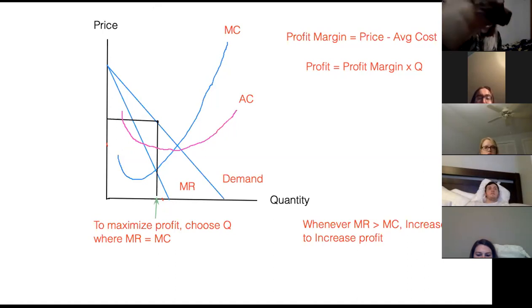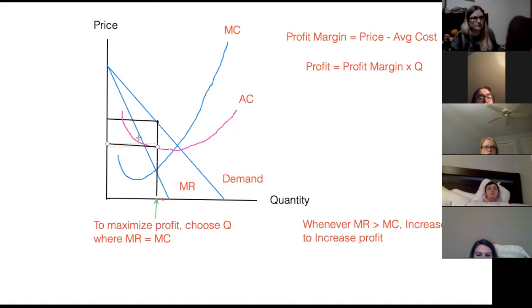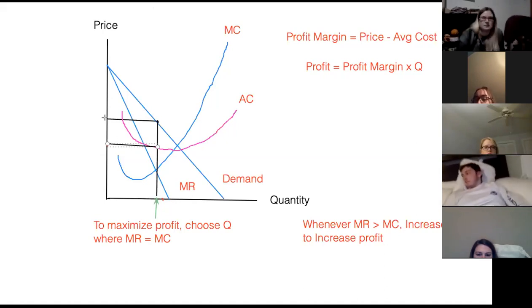Select, draw, line. Okay, it's not a great diagram. That's supposed to be an actual rectangle. But the area of this rectangle is total profit because it's profit margin times the number of units that we sell.